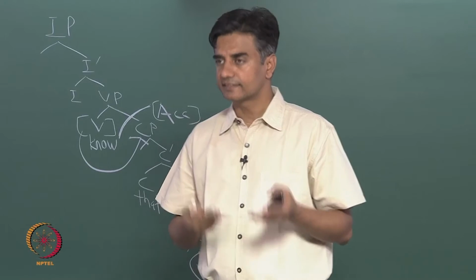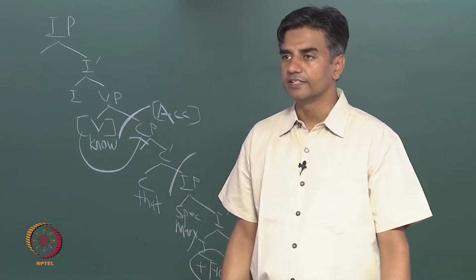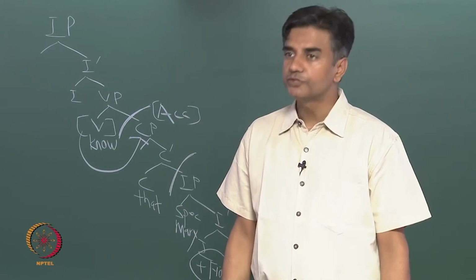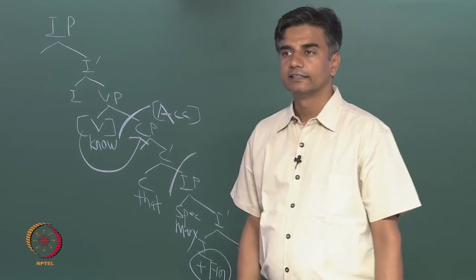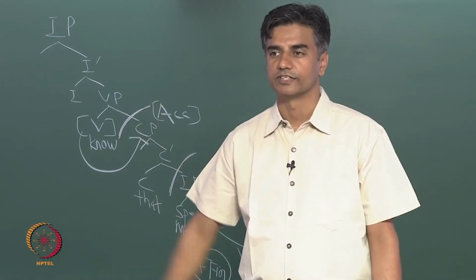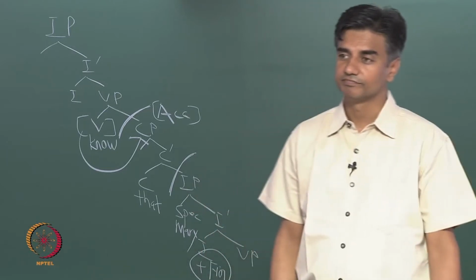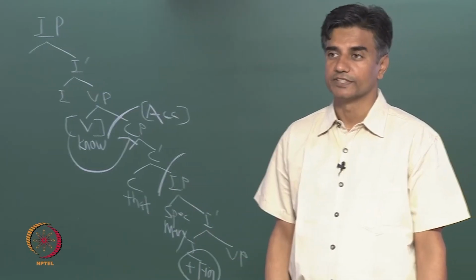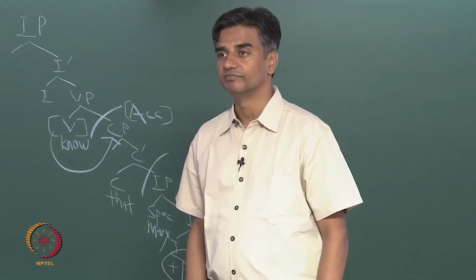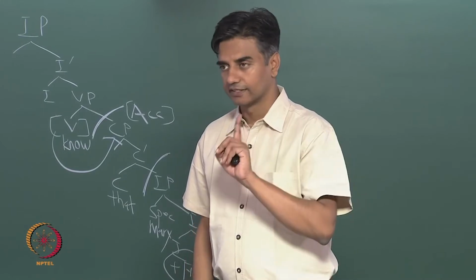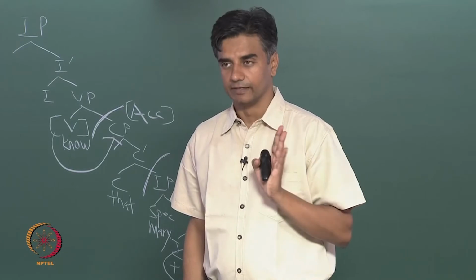We are essentially saying that this preposition is a complementizer. Is this a preposition? This is not a preposition. It looks like a preposition, but it has a complementizer function. That's point number one. Therefore, it is not a PP, it's in the position of C.